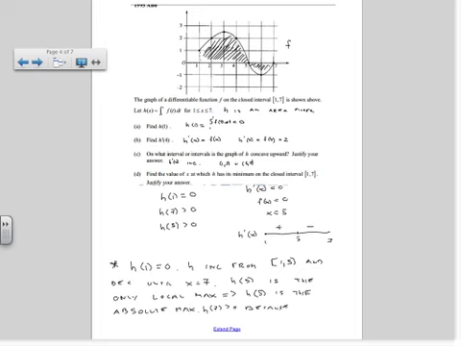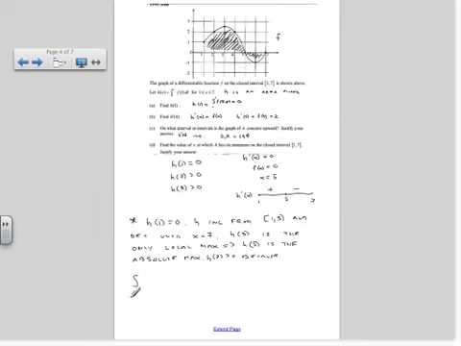Why? Because the integral from 1 to 7 of f of t dt is positive, because more area is found above the x-axis.